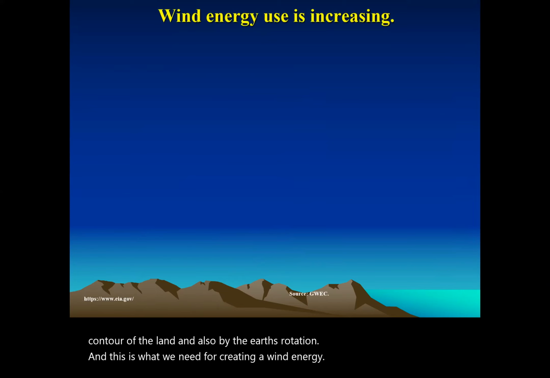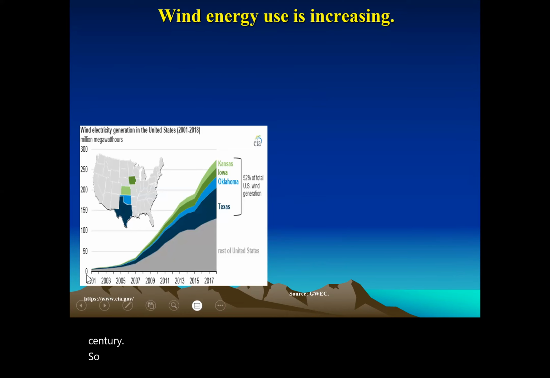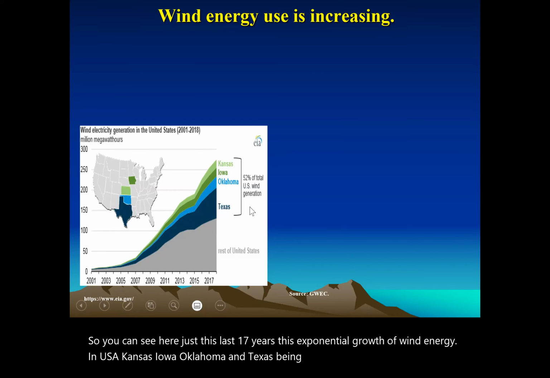Harnessing energy from wind has really taken off in the last century. You can see here, just in the last 17 years, there's exponential growth in the USA, with Kansas, Iowa, Oklahoma, and Texas being the prime producers, making 52% of the wind energy.